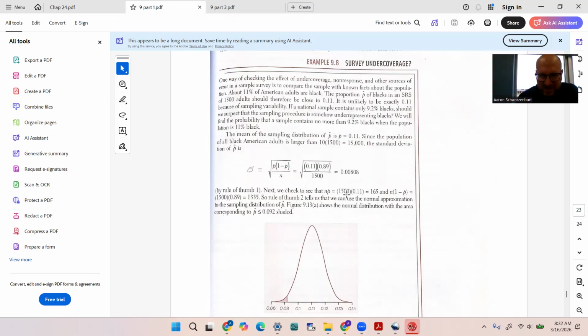It's listed down here, 165. 1,500 times the actual assumed p of 0.11, not the collected p hat, is 165 and 1335. Both are much larger than 10. So we're going to do our normal. They calculated the standard deviation to be 0.00808.